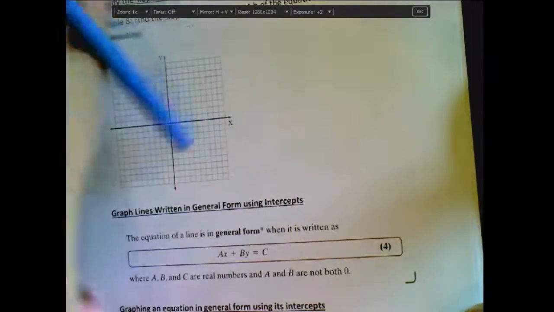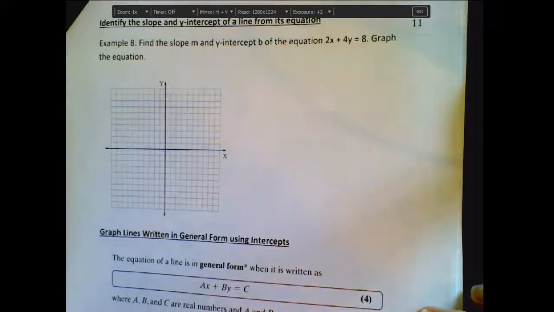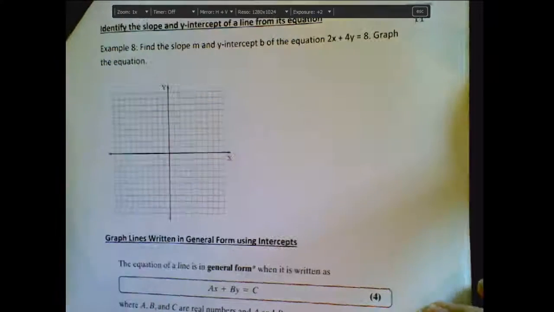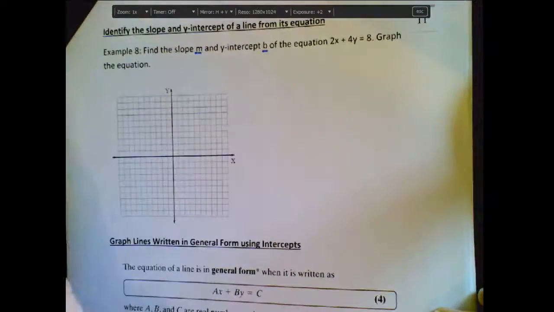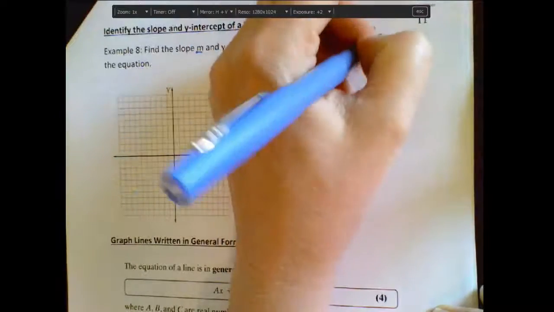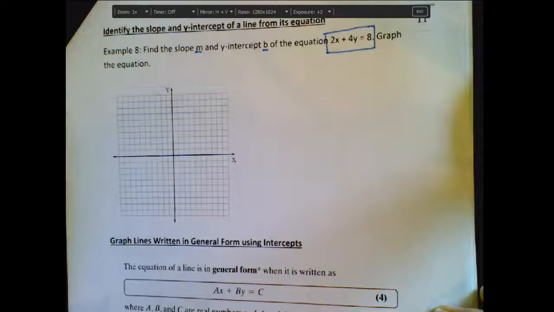Example 8. Find the slope, m, and the y-intercept, b, of the equation 2x plus 4y equals 8, and then graph this. So we're looking for our m and our b if this is our equation.